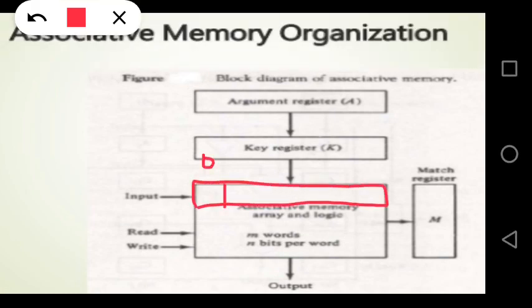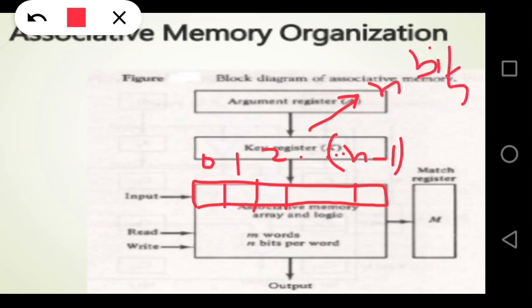It contains bits 0, 1, 2, dash, dash, dash, n minus 1, total n bits per word. Such words would be around m words. So it contains around m words.